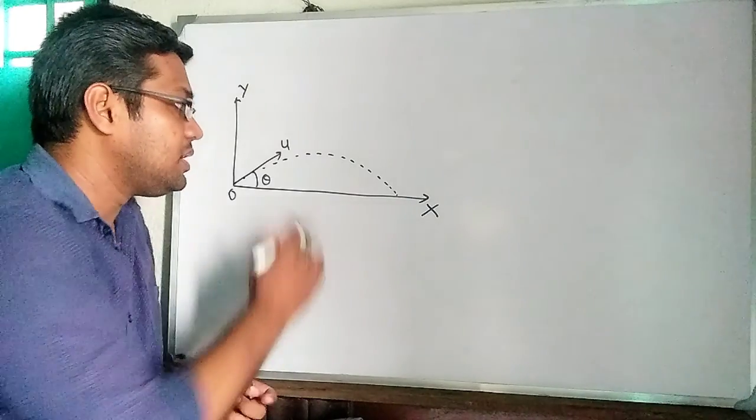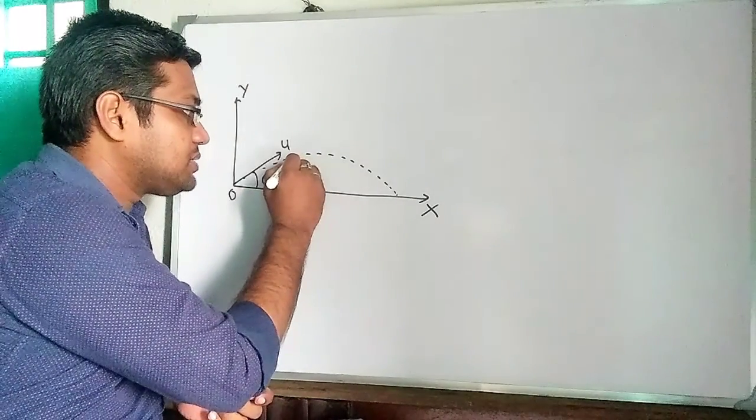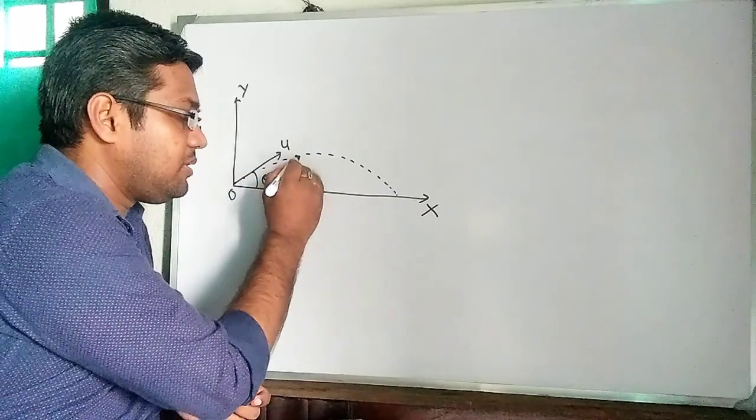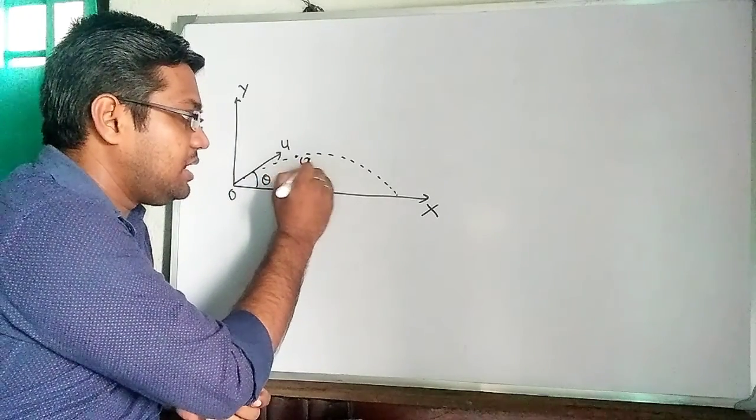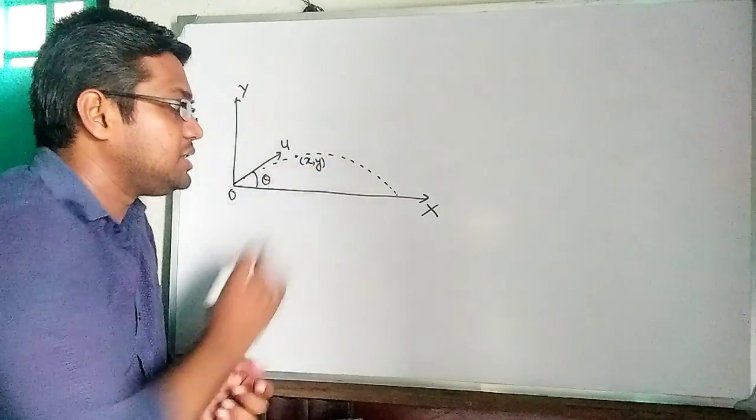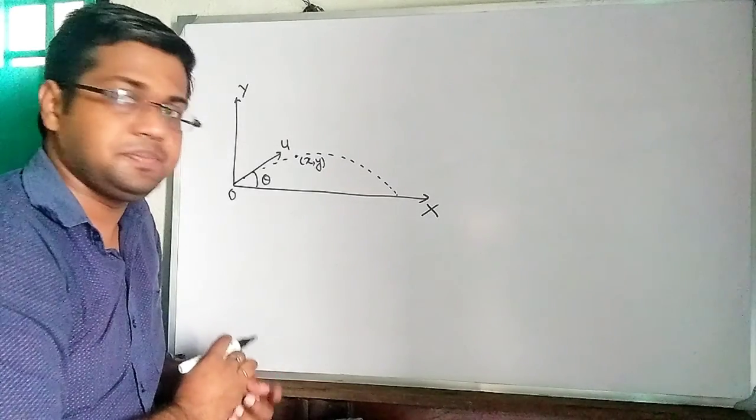Now, let us consider any point on the trajectory, and let this point be x comma y.